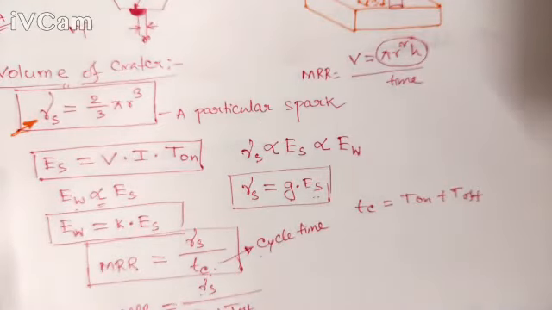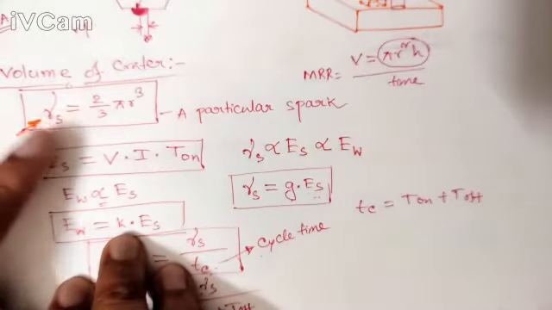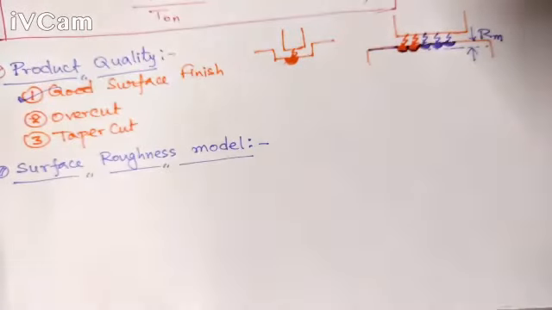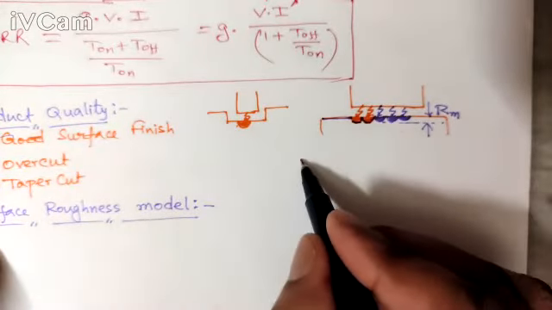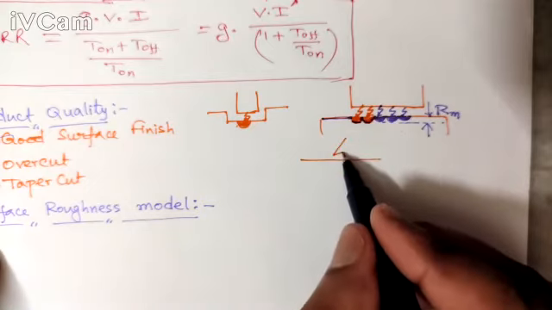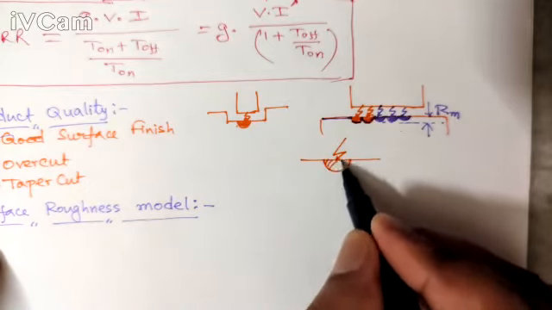Now, try to recall this. You people have noted it down mostly. Now, here you see in this diagram, I will draw in a bigger way. This is our spark, and we have got the crater formation.